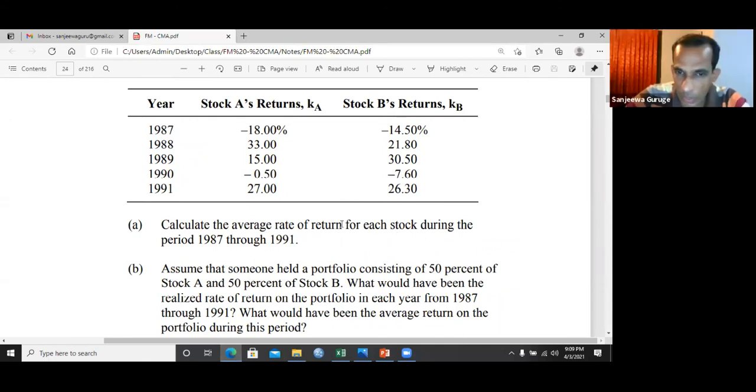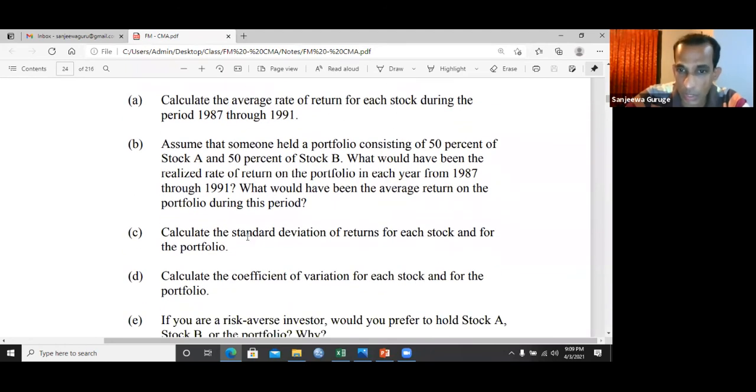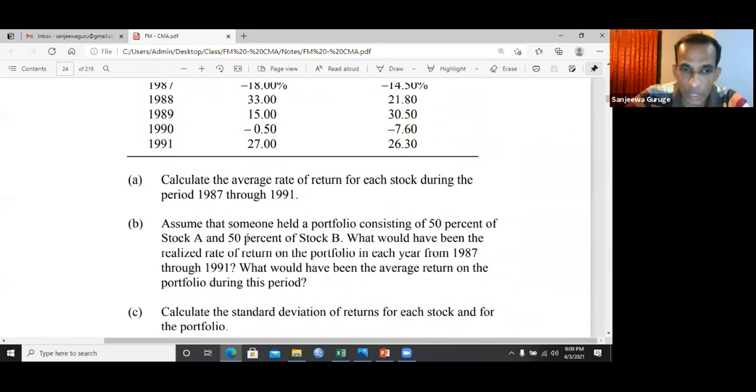So you calculate the average return for the two stocks and for the portfolio, and you calculate the standard deviation for the two stocks and for the portfolio.